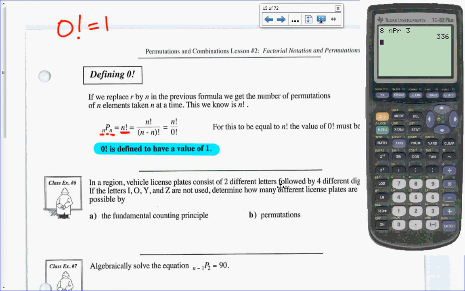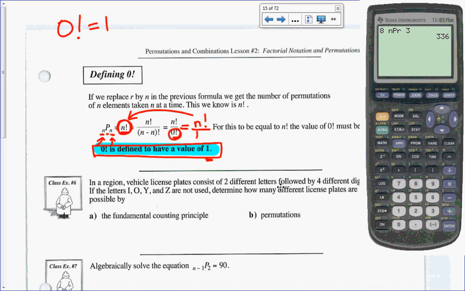So back to the equation, it would be n factorial on the top, the total number of arrangements, over this minus this, which is n minus n factorial, which is 0 factorial on the bottom, and n factorial has to equal n factorial, so that number on the bottom, 0 factorial, must equal 1, because n factorial over 1 is the only way you're going to get that, right? So they're just showing you the proof here. What you really need to understand and what you need to remember is that 0 factorial does have a value of 1.